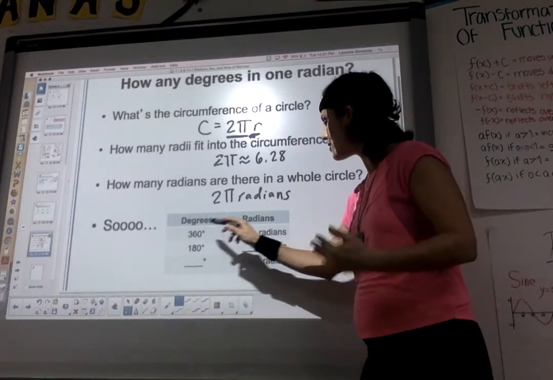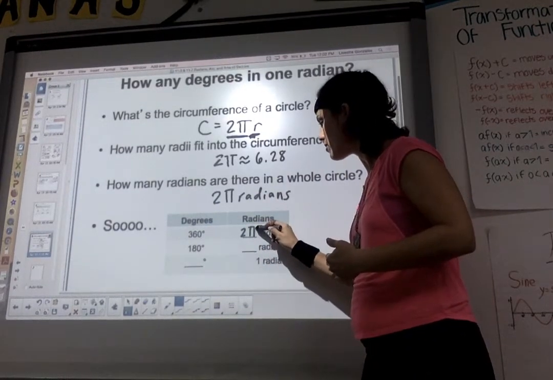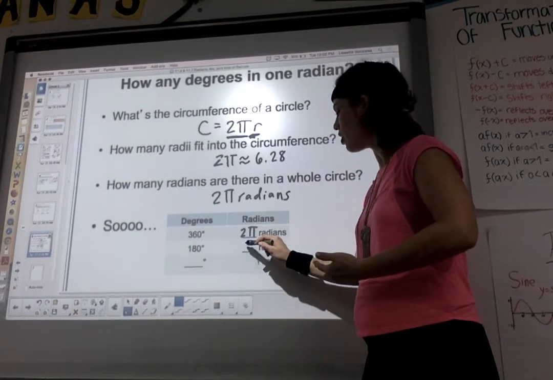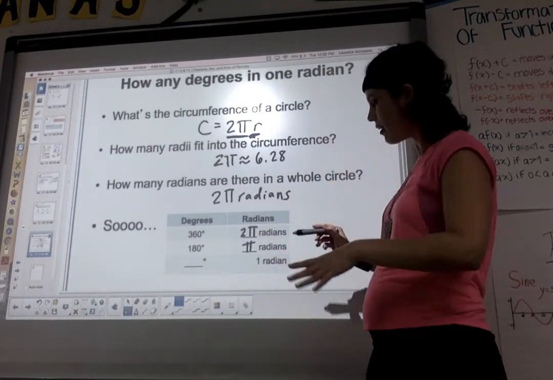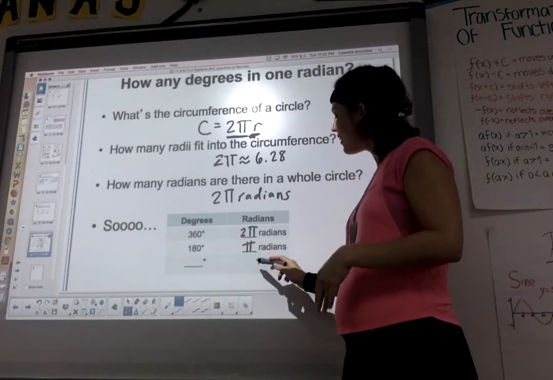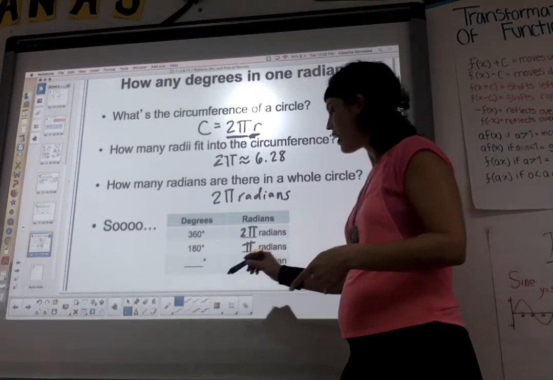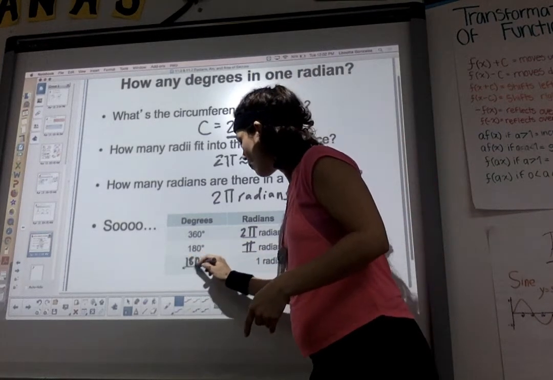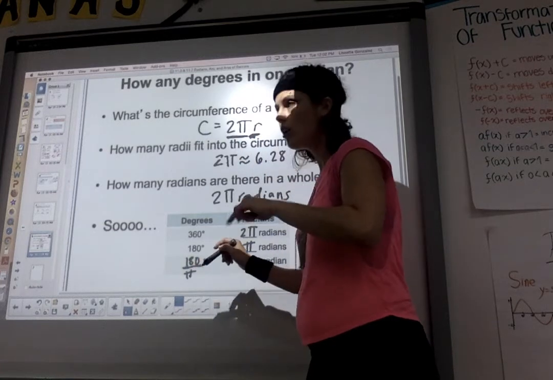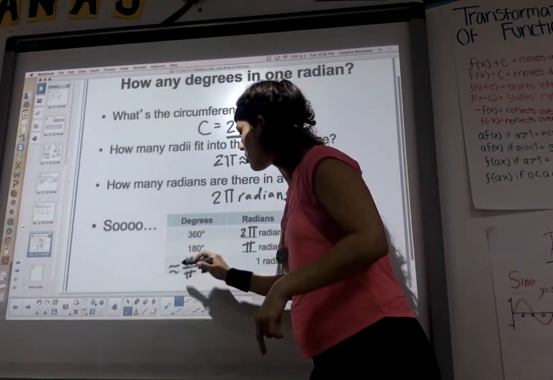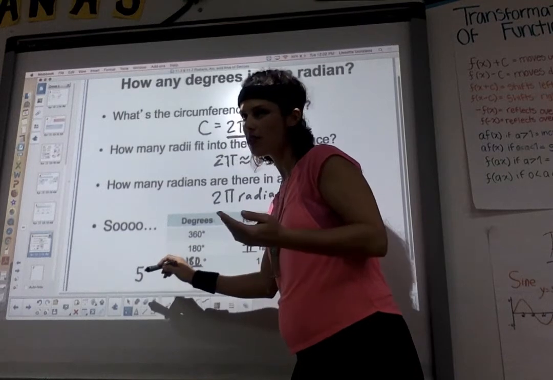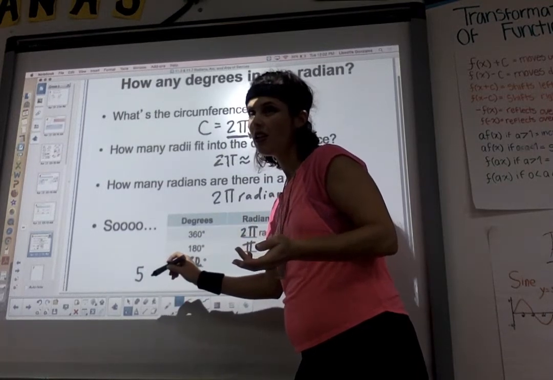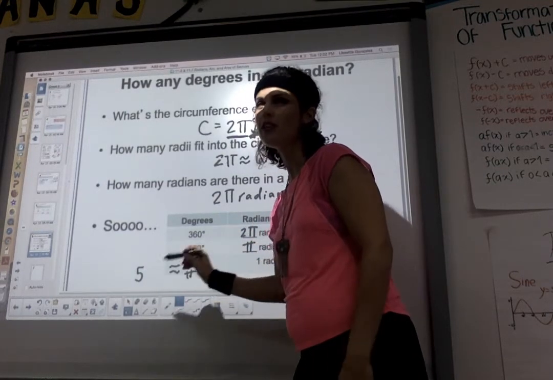So if 360 is the equivalent of 2 pi radians, then 180 would be the equivalent of pi radians. And then how do I get this to be a 1? Divide by pi, and then do this in your calculator, and it was approximately 57.3.